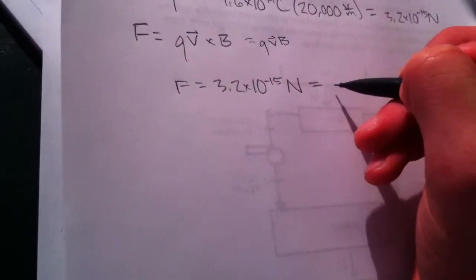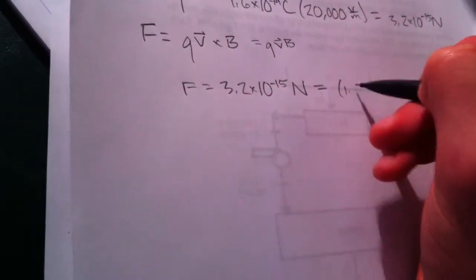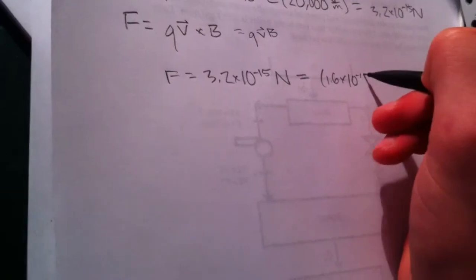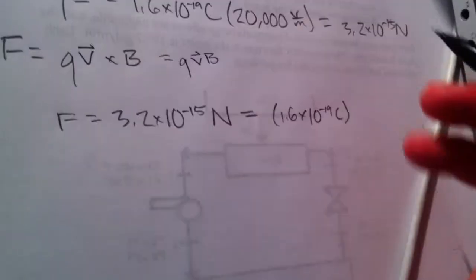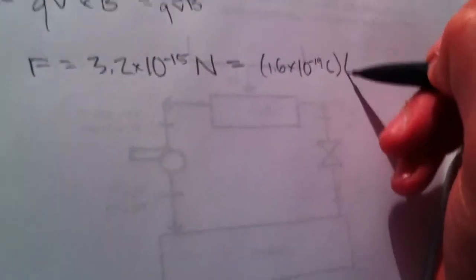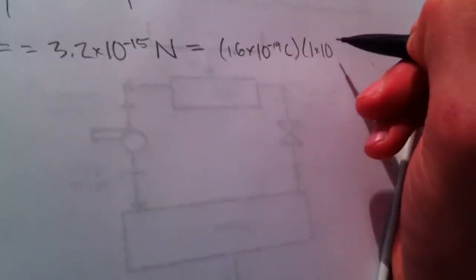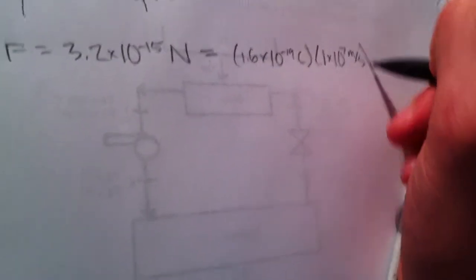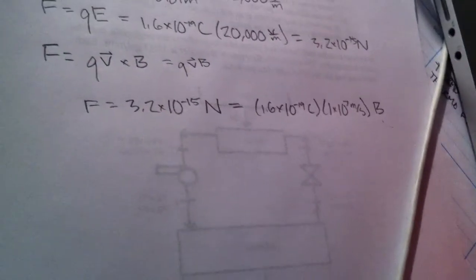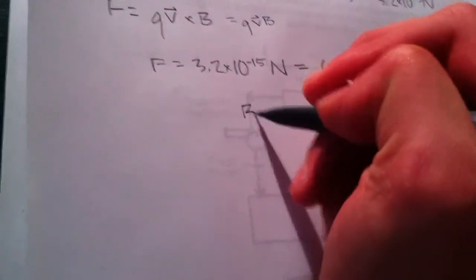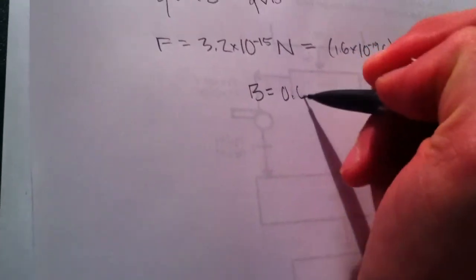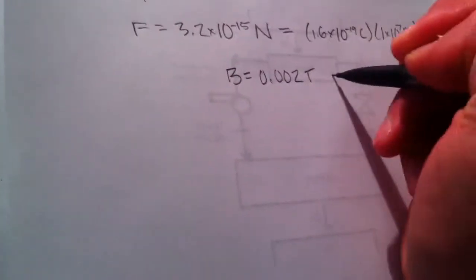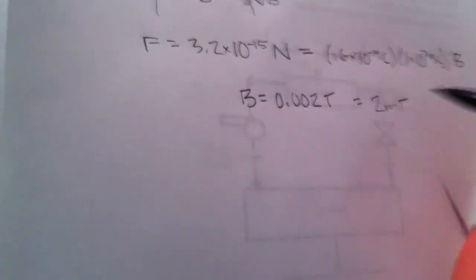And now we want to negate that with this B field, so we say that that is equal to q, which is 1.6 times 10 to the negative 19th coulombs, times v, which is 1 times 10 to the 7th meters per second, times B. Then you just do a little bit of algebra, isolate for B, and you get B equals 0.002 Tesla, or 2 millitesla.